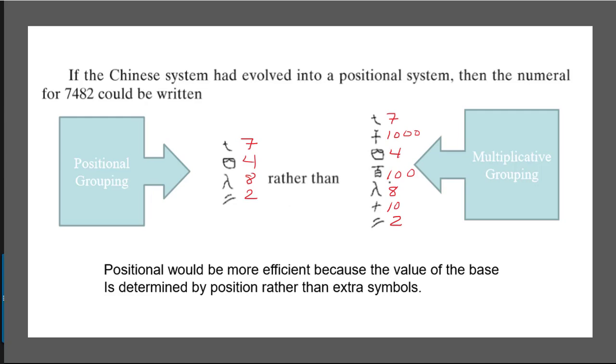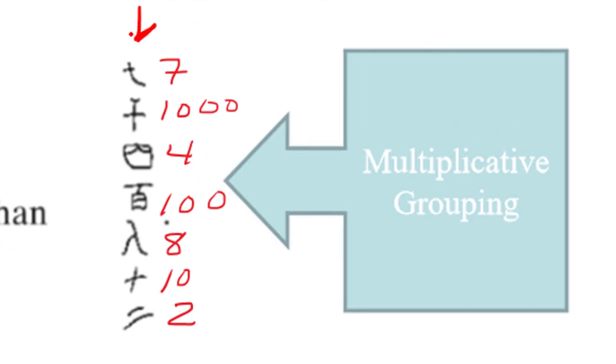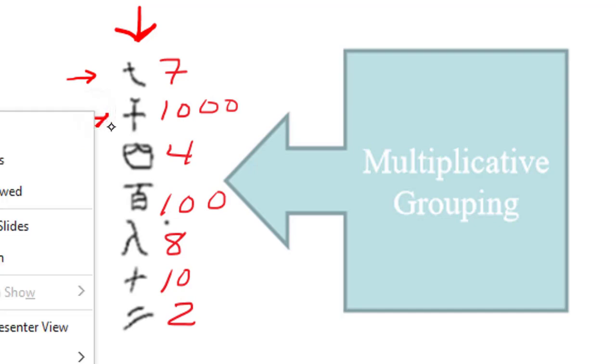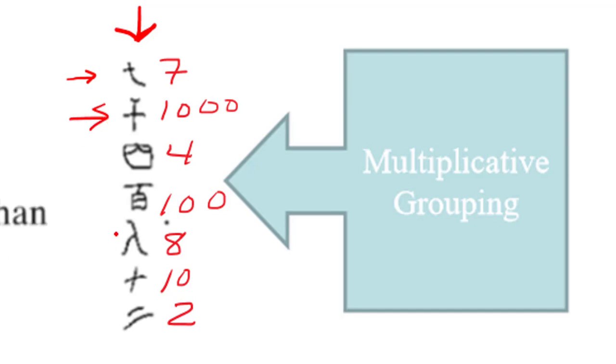By contrast, let's recall what we learned about the Chinese system. The Chinese system would represent the number 7,482 historically, as it is shown on the right side over here. You would need a symbol for 7, the multiplier, and then a symbol for 1,000 to indicate the place value that we would observe in our number system simply by the position of the number 7.